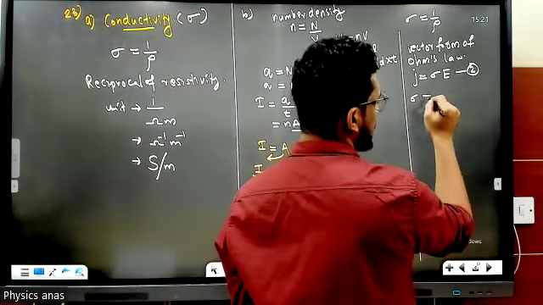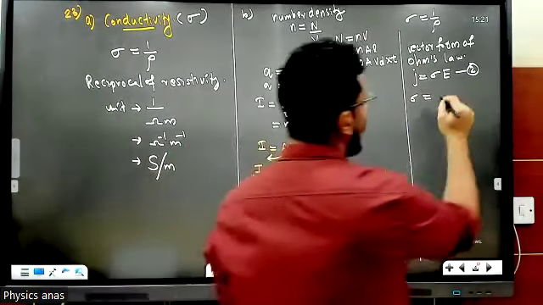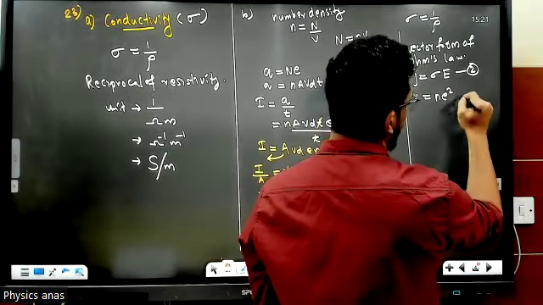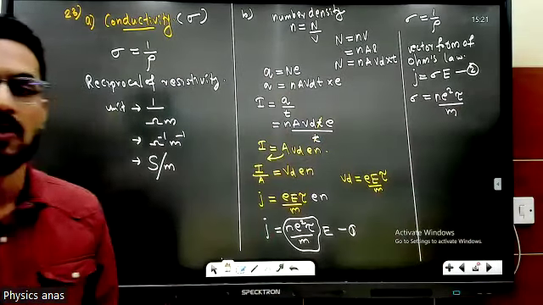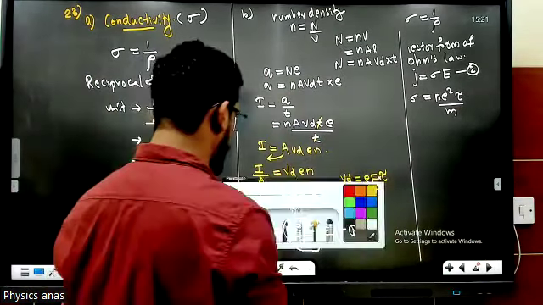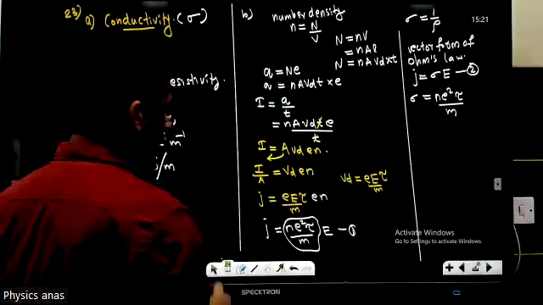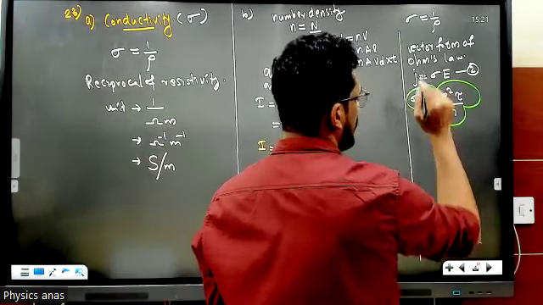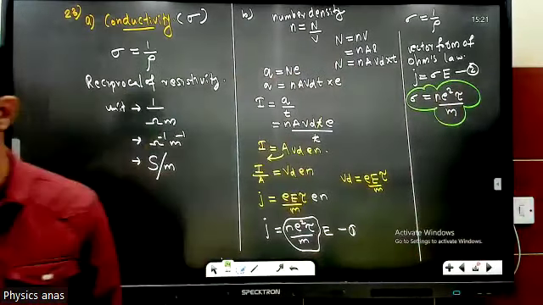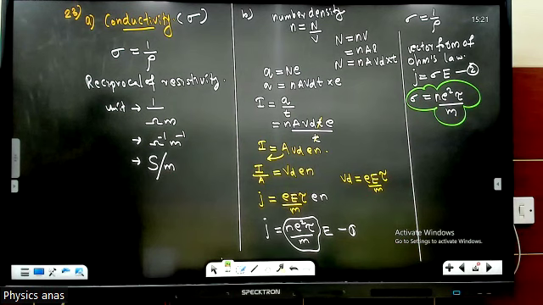Sigma is n e square tau by m. This equation is now connecting number density and the relaxation time with the conductivity.